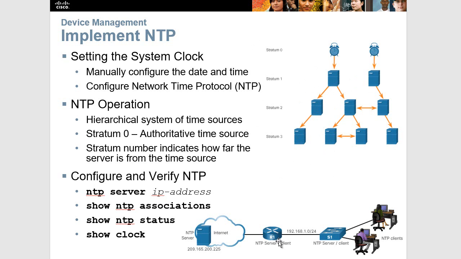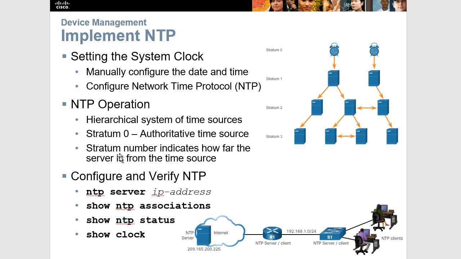For instance, this R1 down here could be considered a stratum 2 device because it's connected to the top level NTP server. And then this switch here could be considered a stratum 3 device. It's acting as a server and a client in that it is getting its time from R1, and it's also sharing that time with the NTP clients over here.